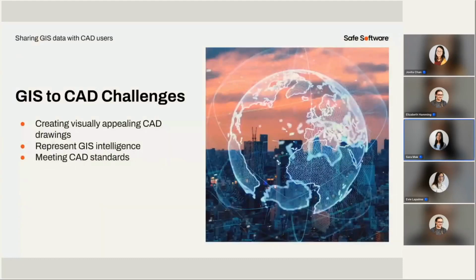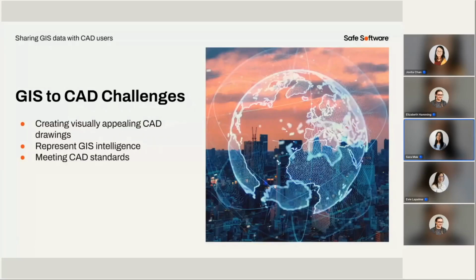So CAD data, as we mentioned at the beginning of this webinar, is very, very visual. It's just really easy to see what you're looking at when you use things like block instances or symbology to represent objects or to differentiate between areas and textures. So when you're moving from GIS to CAD, it is a challenge to keep those visuals looking nice and easy to interpret while also keeping the intelligence of GIS data.